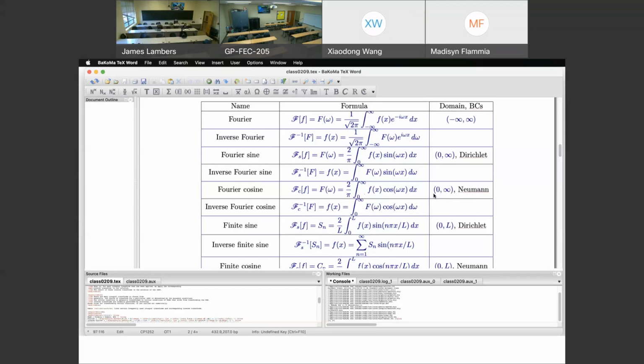So, as before, sine series are associated with Dirichlet boundary conditions, and cosine series are associated with Neumann boundary conditions. And you see, it's pretty much identical, you're just replacing sine with cosine. Notice the notation here, fancy F with a subscript of s to refer to a sine transform, or with a subscript of c to refer to a cosine transform.